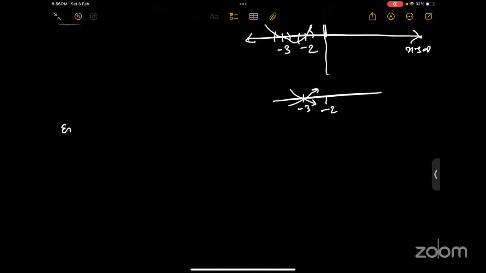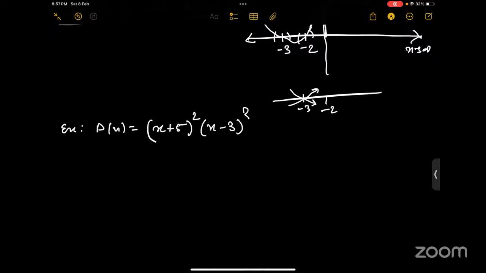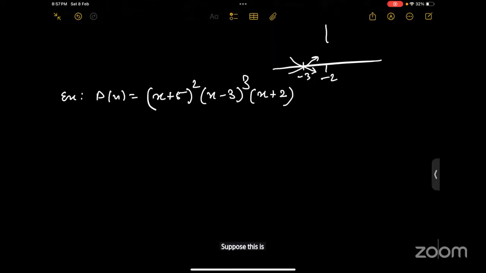Okay. So let us solve one more example. Suppose we have p(x) equals to, suppose this is our polynomial. So let us do our step 1.